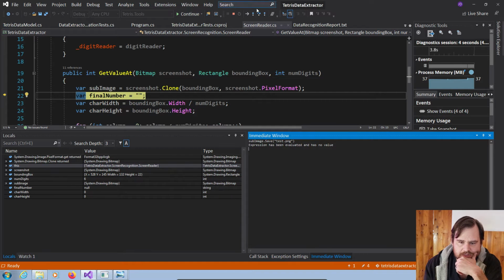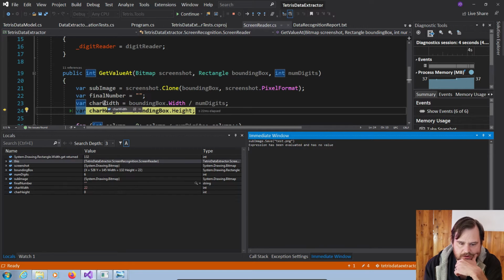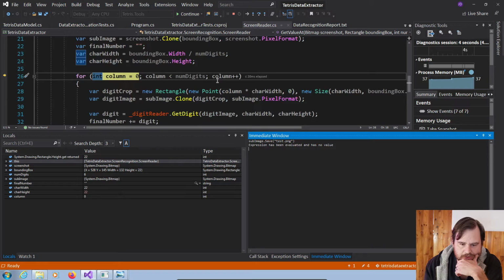Okay, let's see what happens. So the number of digits is 6. Character width is 22. The character height is going to be 22 as well.